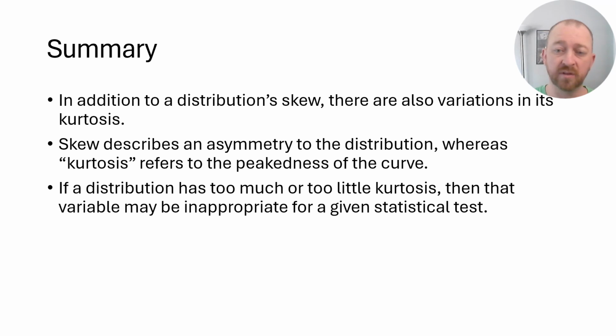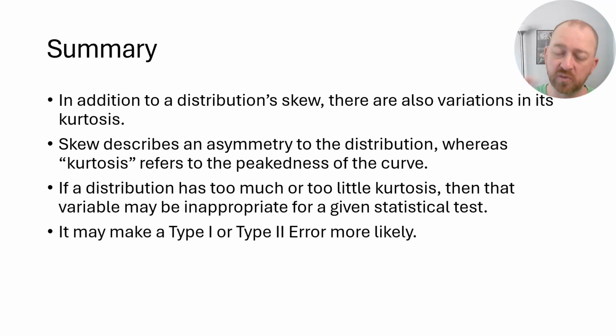And again, as we said, there are lots of issues that come up when there's too little or too much kurtosis to a distribution. And so if you chart your data and you're trying to do a statistical test, you may find that it's going to be inappropriate for your statistical test. The reason for that, of course, is that our statistical tests are often interested in having a good amount of variation, a sort of medium amount of variation among the people that we measured, if it is people.